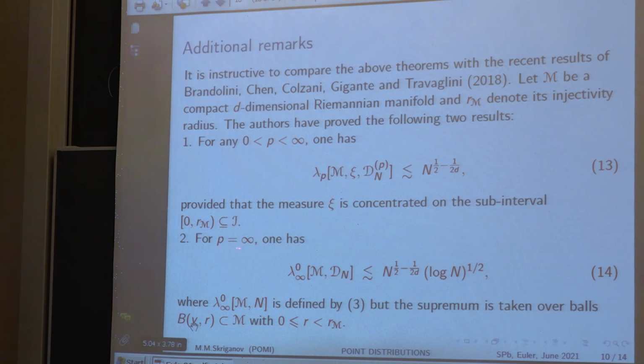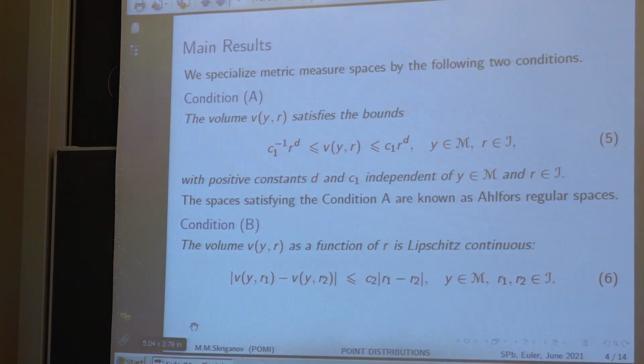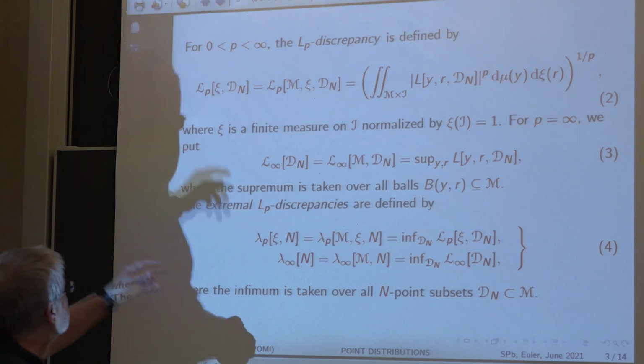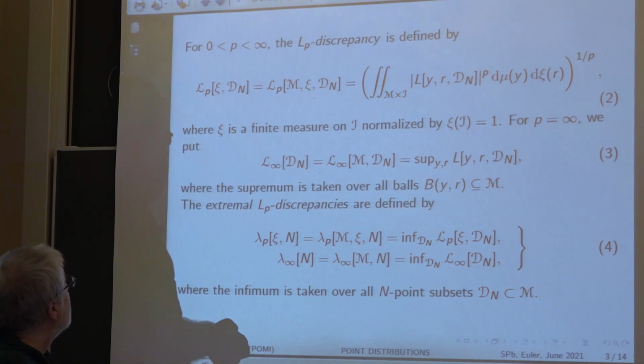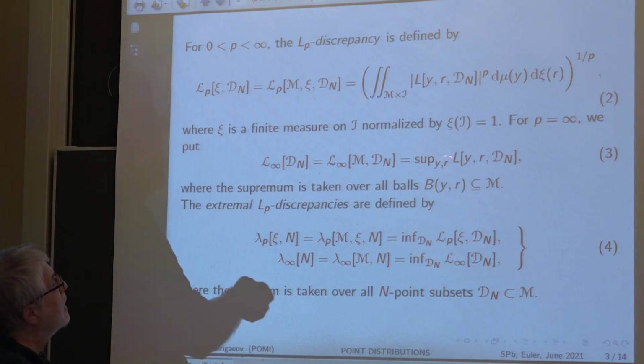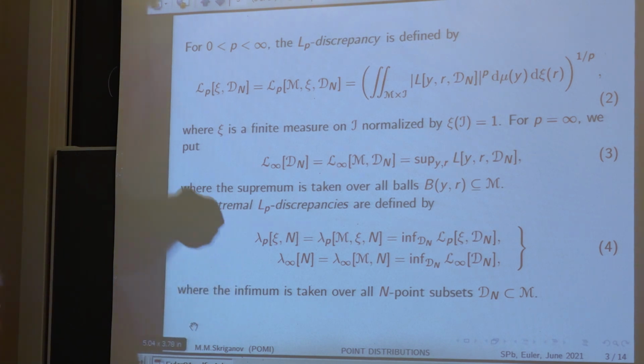For p equal to infinity, one has this bound where this L infinity discrepancy is defined by the formulas before, but the infimum here is taken only for small r, smaller than the radius of injectivity.